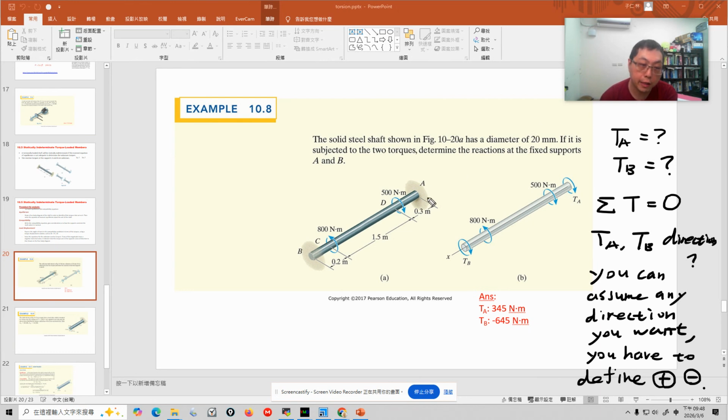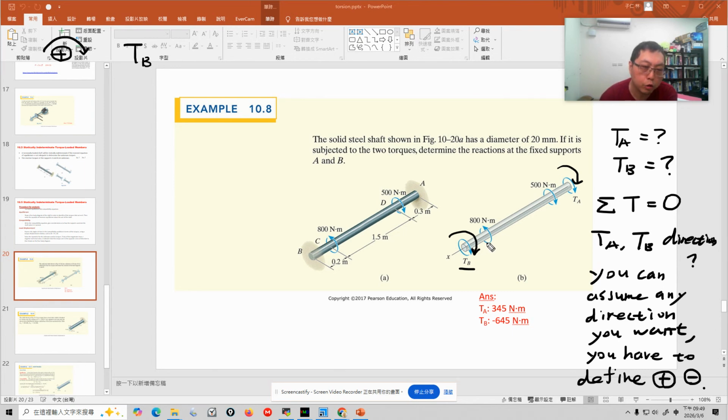For example, in this graph, I assumed TA rotates in this way and TB rotates in this way, and I define this way as positive. Let's write down the rigid body equilibrium. Because I define rotating this way as positive, the sign of TB is positive.